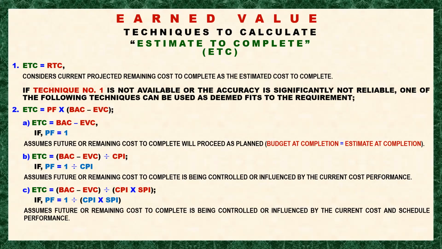Okay. So next, ETC is equal to 0.88 multiplied by BAC less the earned value, if the performance factor is equal to 0.88. In this technique, actually, the performance factor here could be a wishful decision.